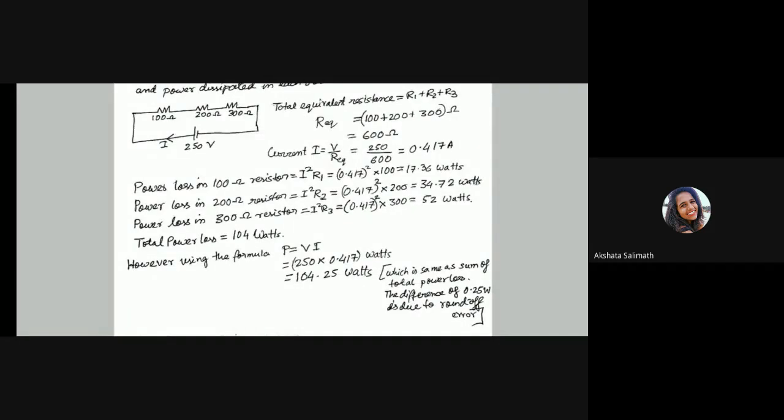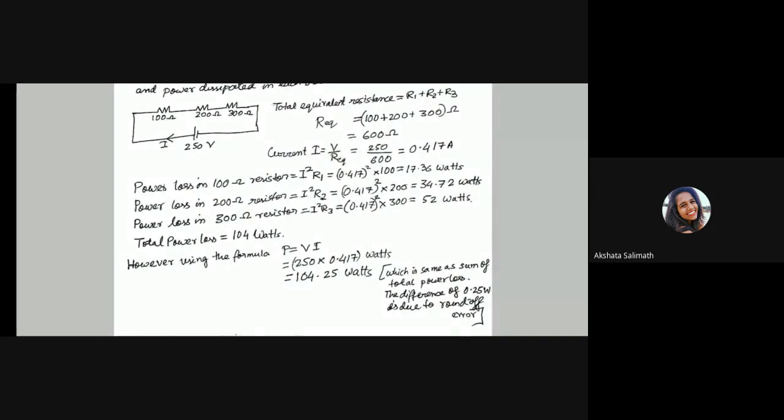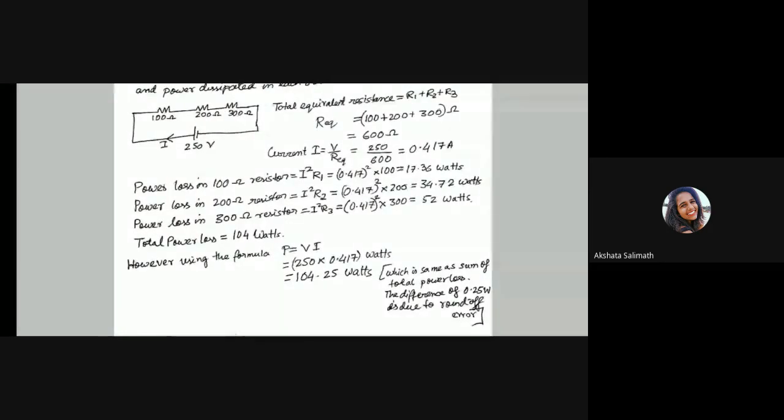P equals VI is almost the same as the total power loss, because we know that capital V is supposed to be equal to V1 plus V2 plus V3. Similarly, the power is also supposed to be the same. Capital P should be equal to P1 plus P2 plus P3. That is why it is written in brackets that 104.25 watts is the same as the sum of the total power loss.